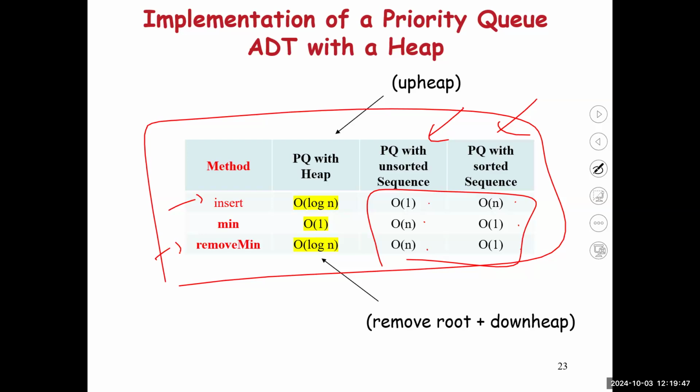But why is removing not O(1)? Because I'm removing from the root. Exactly, but my cost is not just removing from the root. It's removing from the root and then rearranging the heap. That's my actual cost. So I'll have O(log n), O(log n), O(1). Which one is better? Of course, the logarithmic is better.